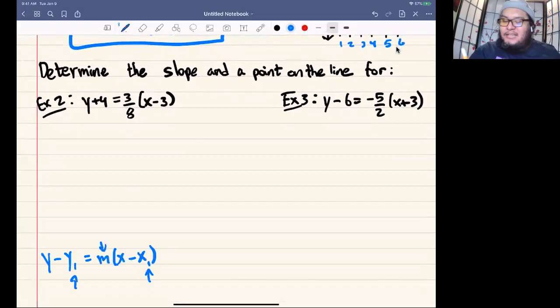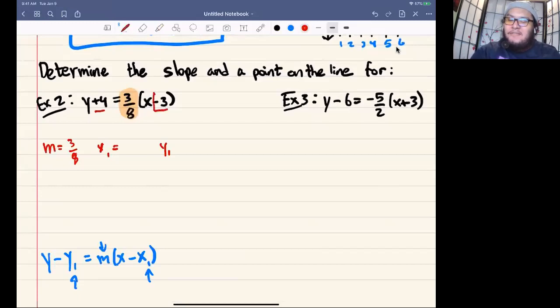Our slope is always outside the parentheses, right? So this value here is going to be our slope. So m is going to be equal to 3/8. And then one thing I want you guys to know is we need to find our x1 and our y1. The equation has a minus sign, so the values here and here are going to be the opposite.